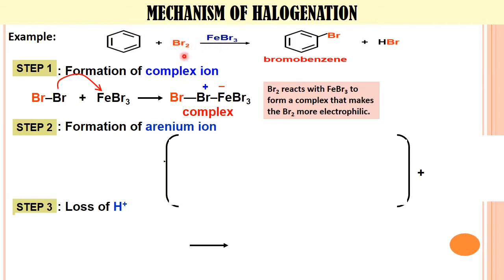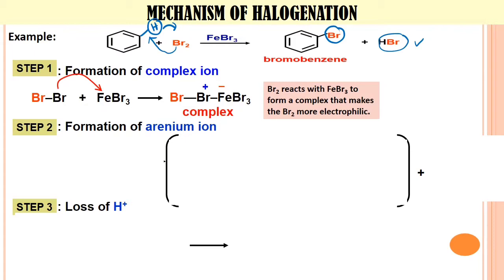Okay, tapi usually reaction ni melibatkan bromine lah. So what happens? One of the hydrogen here will be removed and replaced dengan bromine kat sini. Nampak? So this hydrogen will combine with the other bromine to form HBr. Okay, so this is electrophilic aromatic substitution. Ada yang keluar, ada yang masuk.